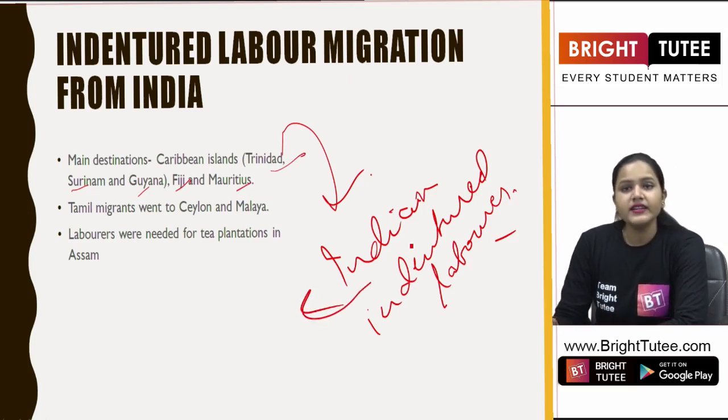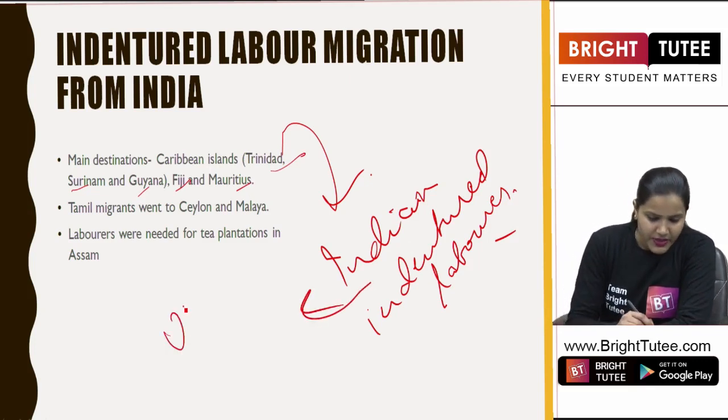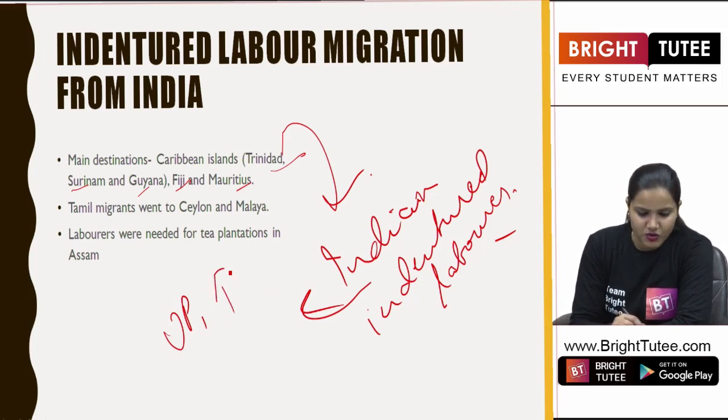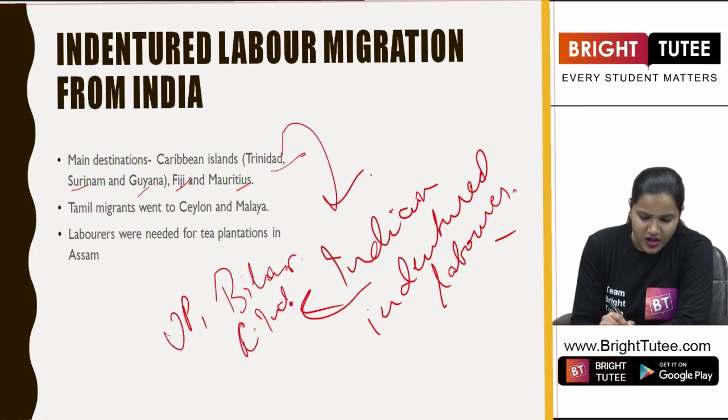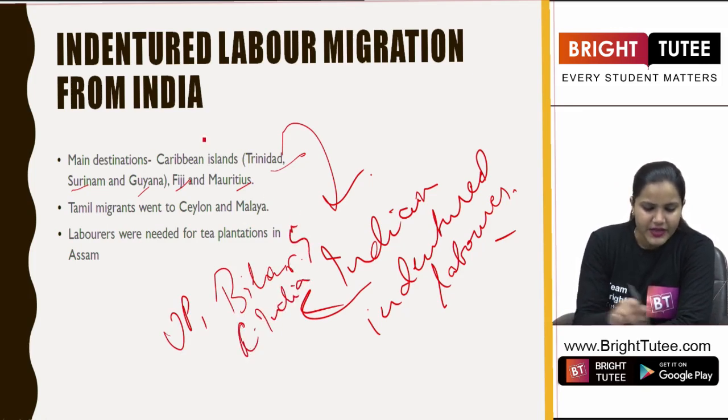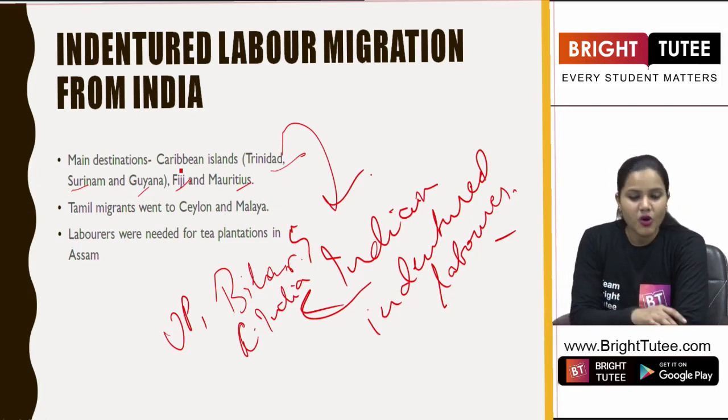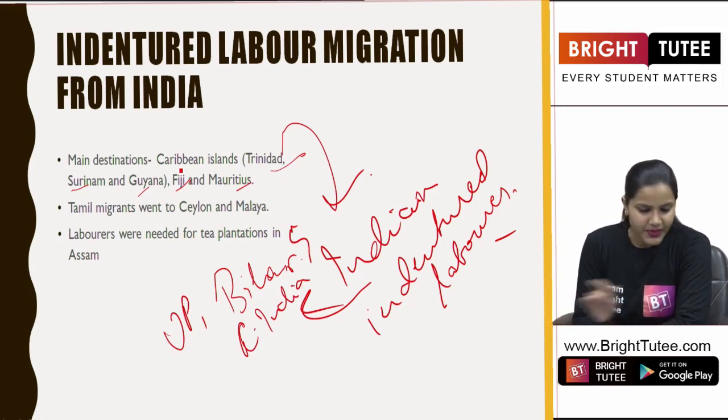All these Indian indentured laborers were from UP, Bihar, Rajasthan, Central India. From all these places, these people went off to all these distant locations.